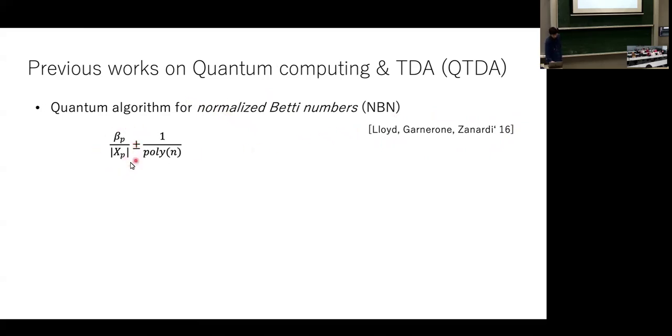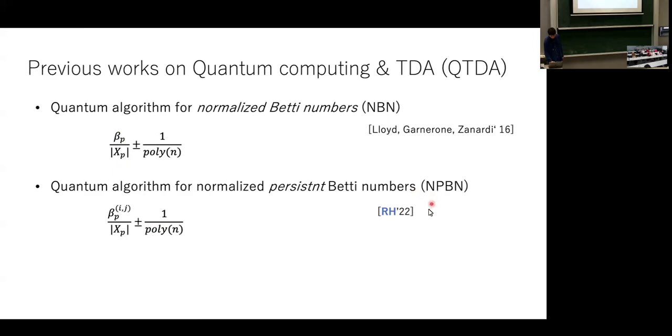The normalized Betti number is this quantity: a p-dimensional Betti number divided by the number of p-dimensional simplices in the simplicial complex X. The task is to estimate it within an inverse polynomial additive error.